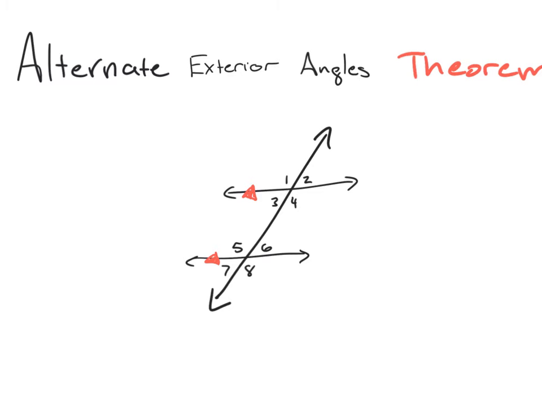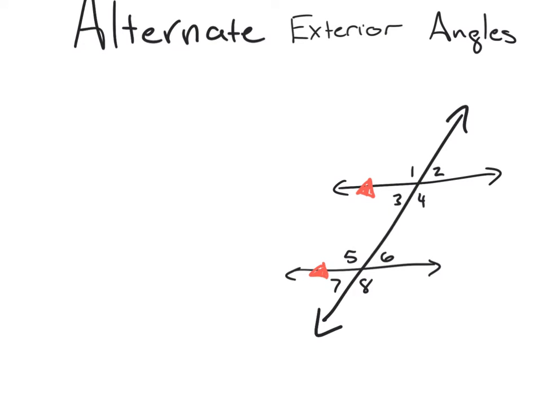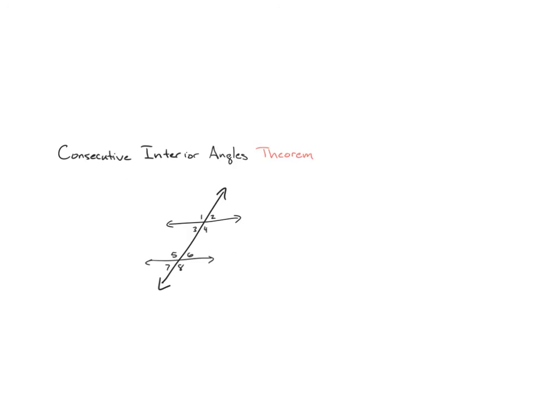So for example, angles 1 and 8 are alternate exterior angles, right? So if the measure of angle 8 was 20 degrees, the measure of angle 1 would also be 20 degrees. So that's the alternate exterior angle theorem, which says that the alternate exterior angles are congruent if the lines creating them are parallel.